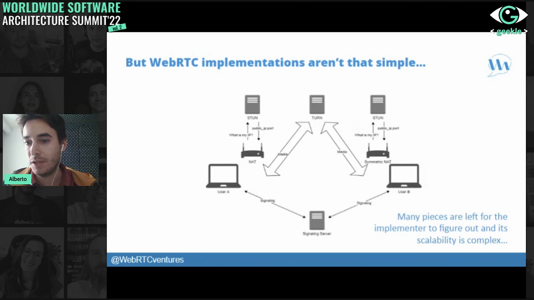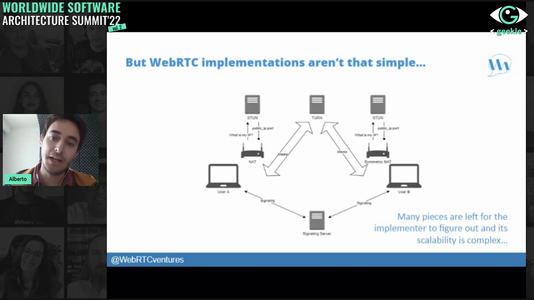Also, in some situations, some firewalls might have restrictions, or there can be issues with the configuration of your router. So we have something called a TURN server too, that allows us to relay the traffic through. So we are able to circumvent the firewall rules, and that's our worst case scenario.